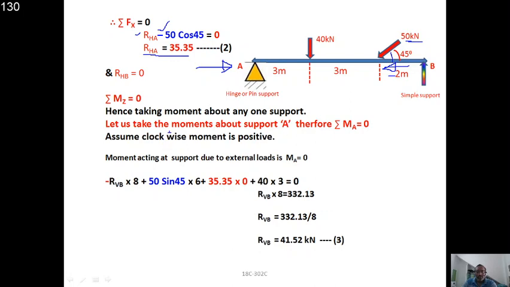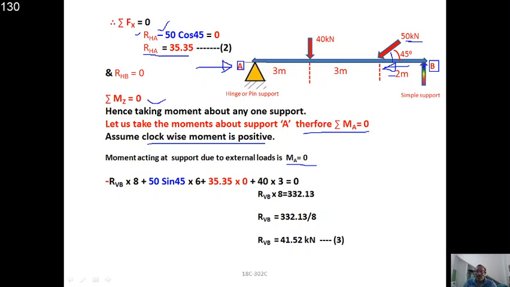So substitute these values into the moment equation to solve for RVA and RVB. Taking moment about any one support, A or B, at present we are taking moment about A. Assuming clockwise moment is positive, the sum of moments at the support due to external loads, MA, equals 0.